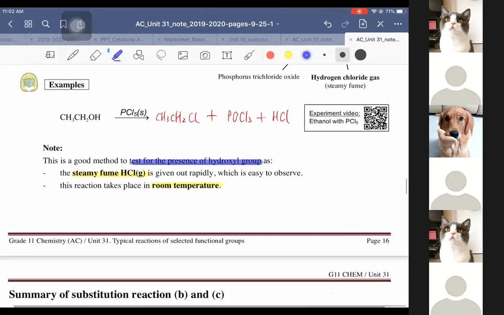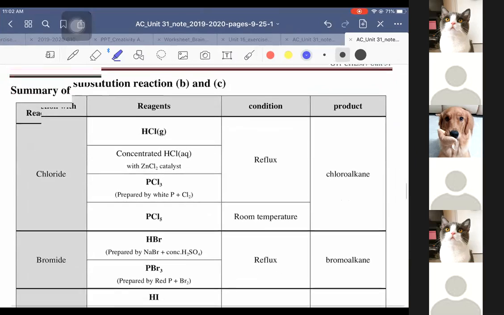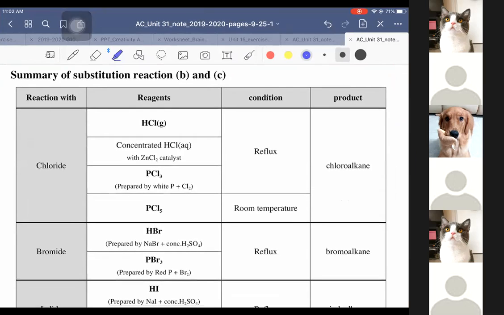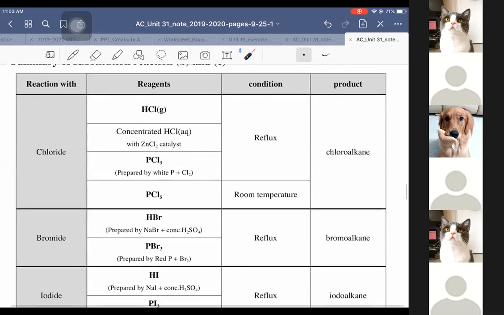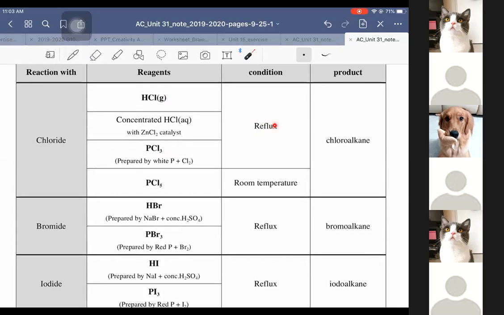So here, that's the summary of these two types of reaction. First, we can react with hydrogen halide. And then secondly, we can react with PCl3. All of these need to be heated under reflux for the reaction to proceed.